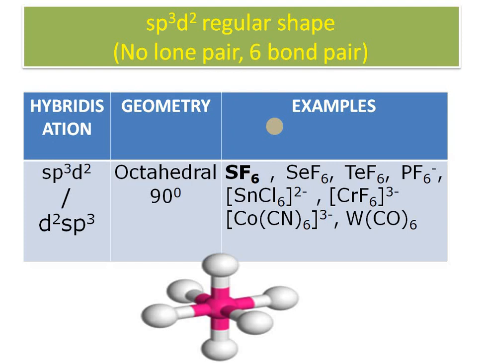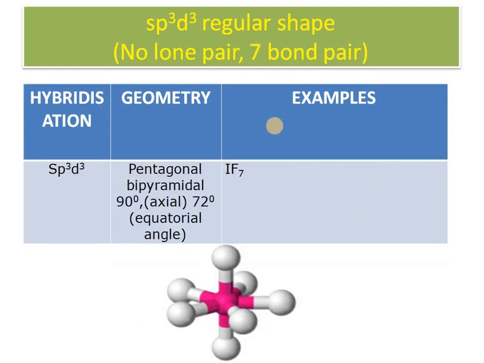Next is sp3d2 or d2sp3. Here also we count ligands. How many ligands are attached? 6 ligands. So please see here, 6 ligands are there, in the square bracket complexes. All angles are 90 degree: 4 at 90 degree in one plane, 90 degree above, 90 degree below. Here also no lone pairs are there. Then sp3d3 is pentagonal bipyramidal. So 360 divided by 5 will be 72 degree.